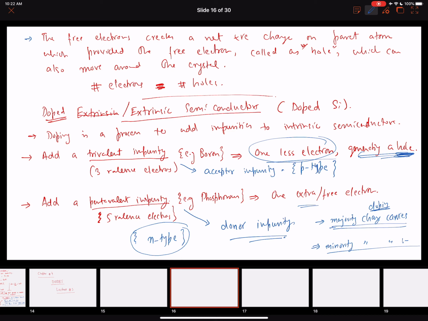When you add a pentavalent impurity, you have a lot of electrons as majority charge carriers. Minority charge carriers are the thermally generated carriers. Whether it's an intrinsic or an extrinsic semiconductor, as the temperature increases, the bonds will break, and that will generate electrons and holes. So those are minority charge carriers. Okay.